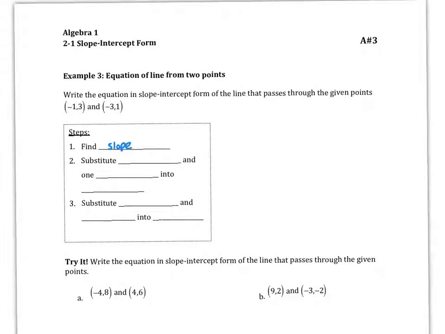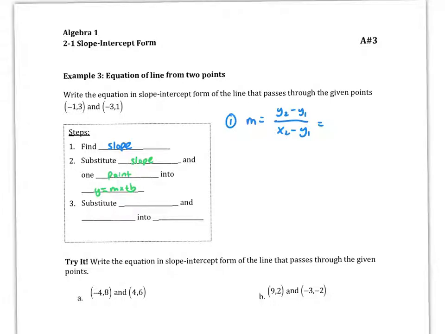We can use our m equals y2 minus y1 divided by x2 minus x1 to do that. Next, we're going to substitute the slope and 1 point into slope-intercept form.